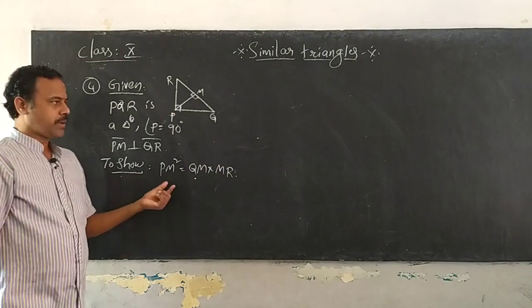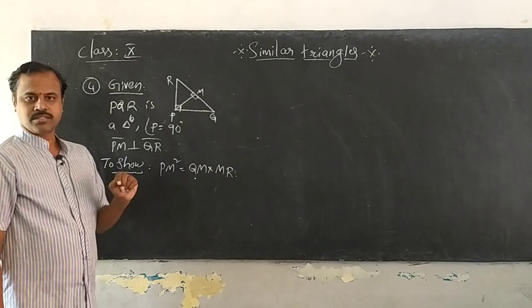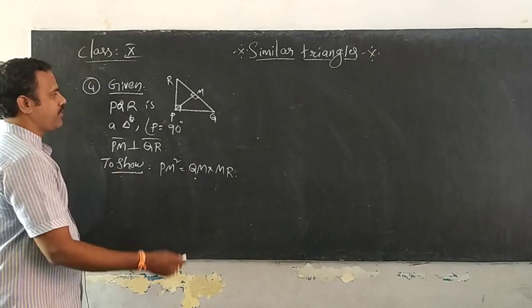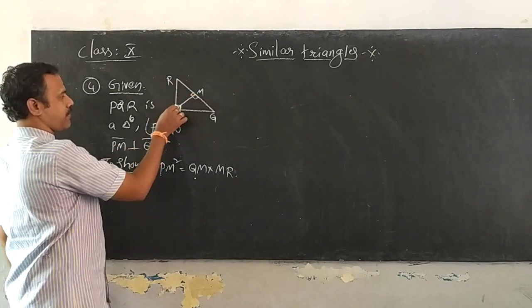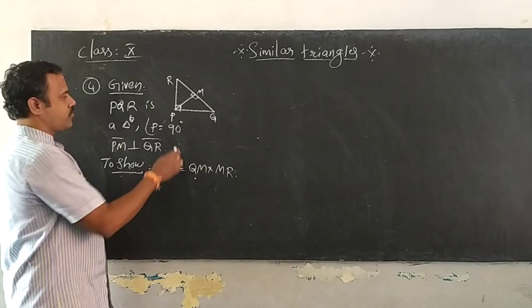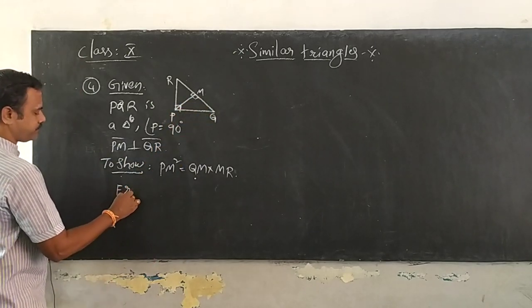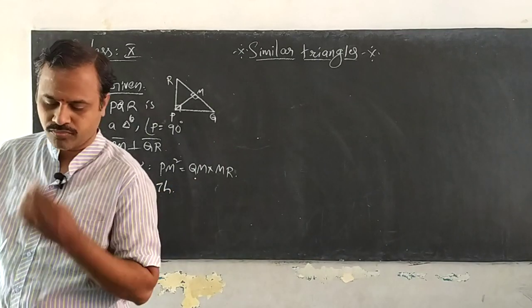Observe PM square, that means I want 2 PMs. To make PM square, we want PM into PM. But where do we have 2 PMs? One PM you will have in the triangle RMP and another PM in the triangle PMQ. What is the name of the theorem?